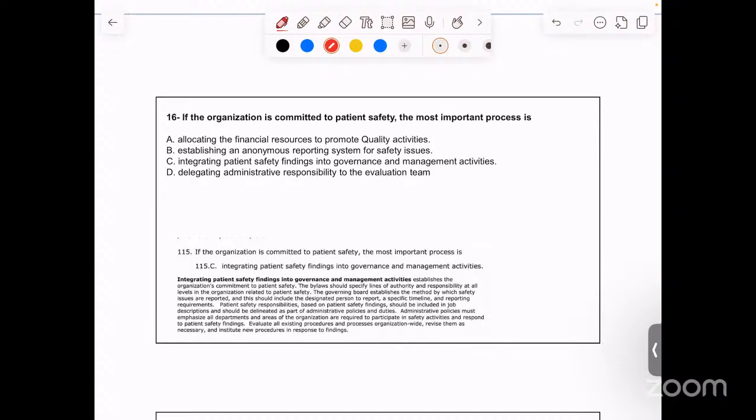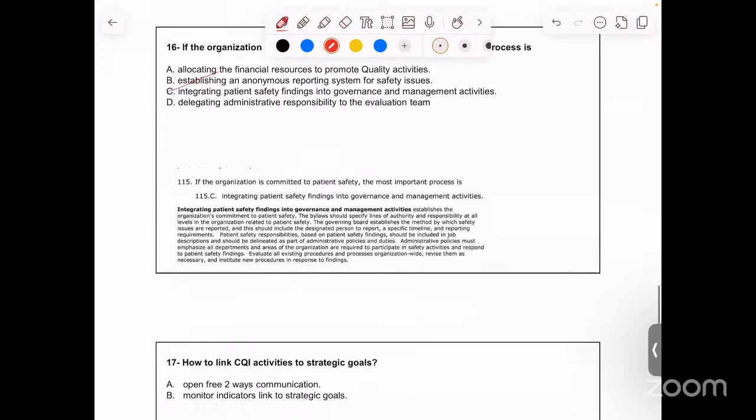And letter D, delegating administrative responsibility to the evaluation team. So the key process for patient safety in an organization is to integrate patient safety findings into governance and management activities. So letter C is the correct answer.